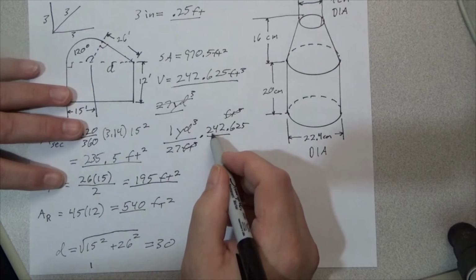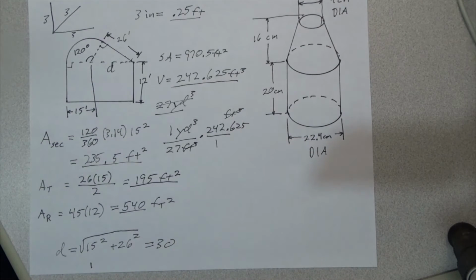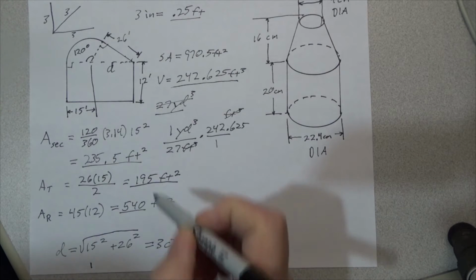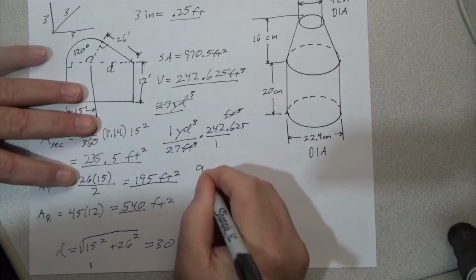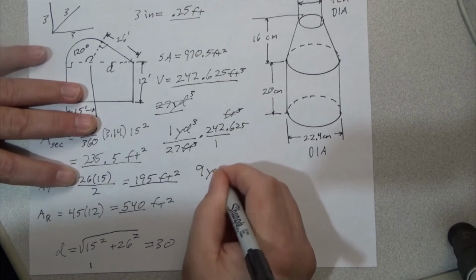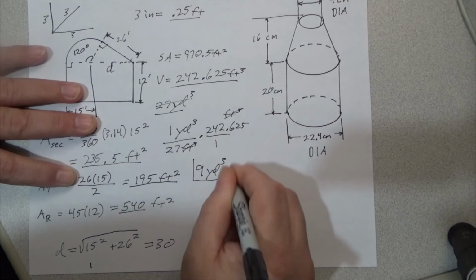So basically, I take 242.625 and divide that by 27. 242.625 divided by 27 gives me 9. 9 yards cubed for that whole thing.